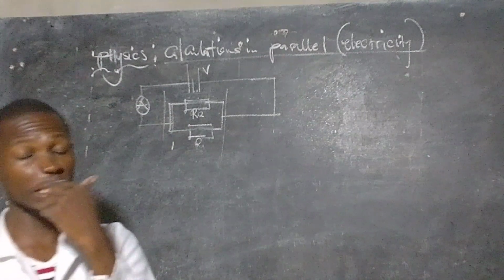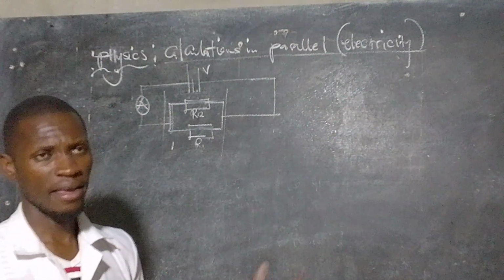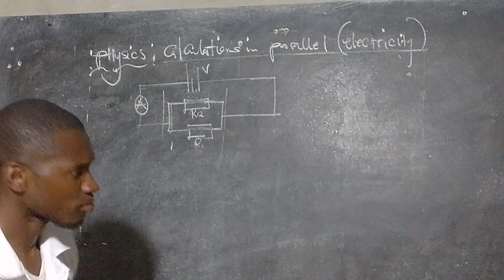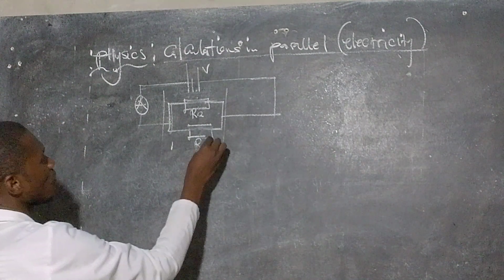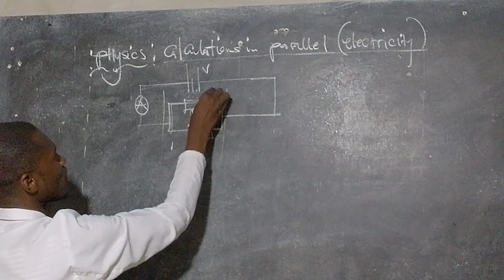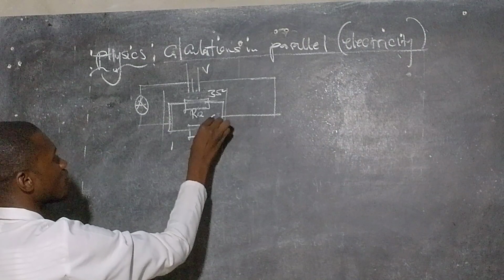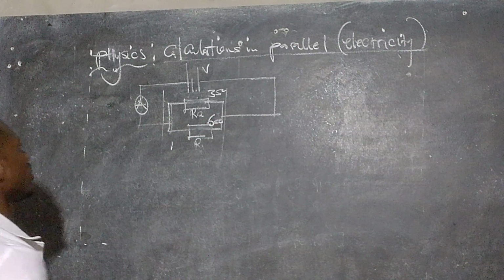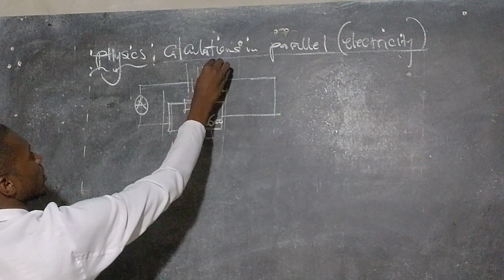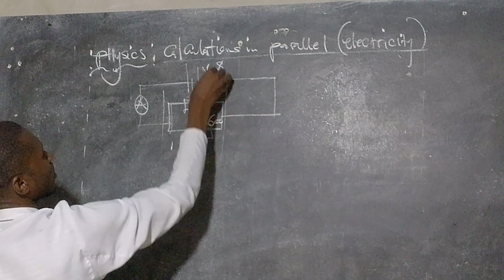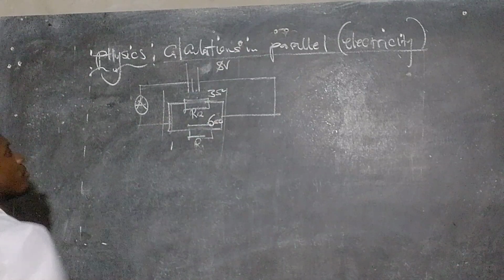But if the resistance is different, the current will differ. So let's say we have 3 ohms here, then 6 ohms here. Then let's get 8 volts now.